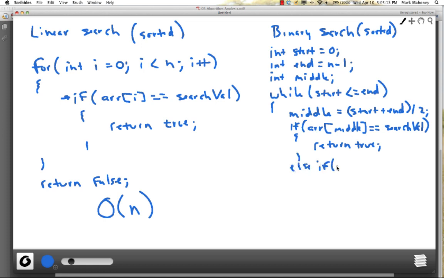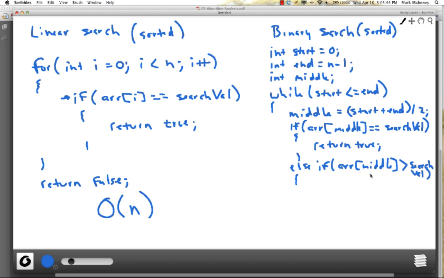Okay, but if that's not true, next we'd check if the value in the middle is greater than the search value. If the item in the middle is greater than what we're looking for, then we don't know for sure that the item is in the list.